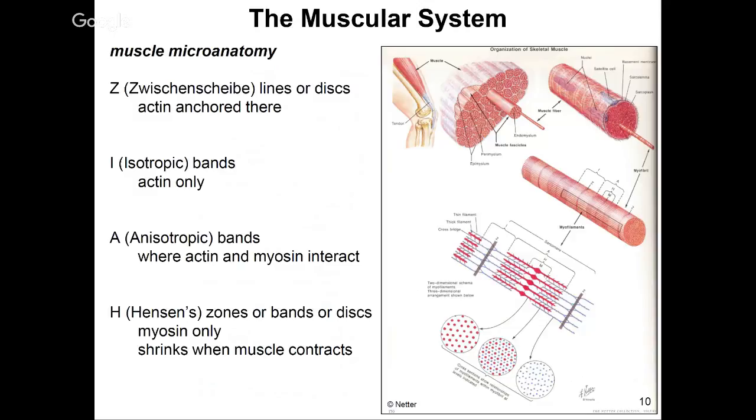Hand over hand, they're pulling on each other, and this closes in. A whole bunch of that happening is what makes your muscle contract. This would be just one little unit in your muscle, but you'll have thousands of them in the same fiber, and all of them pulling together makes your muscle contract.